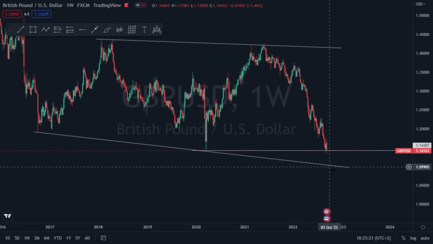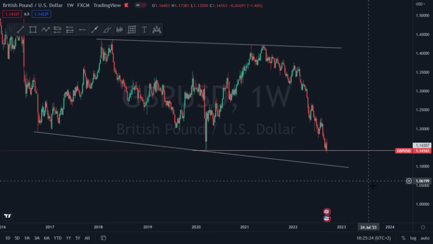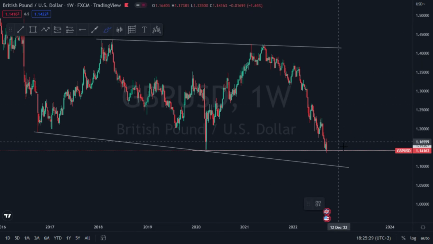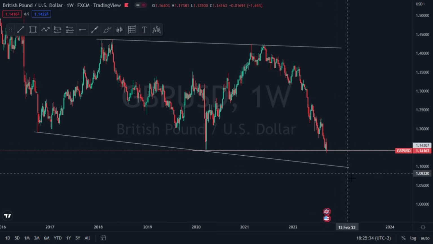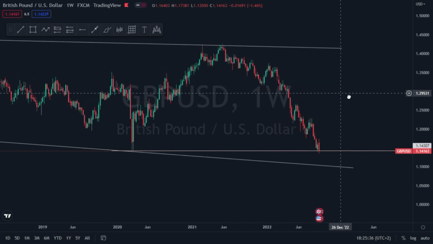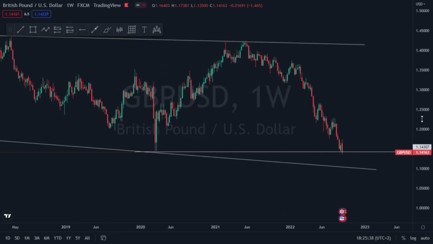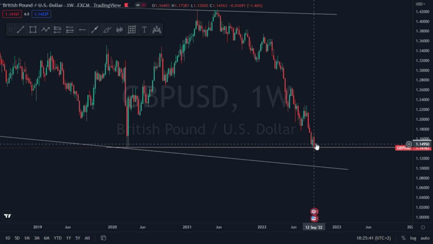So what I can expect the market to do in this coming week, judging from how this weekly candlestick closed, is that the next candlestick that will come out next week is gonna just push the market to the downside and leave a wick, and it's gonna close above these levels, right?